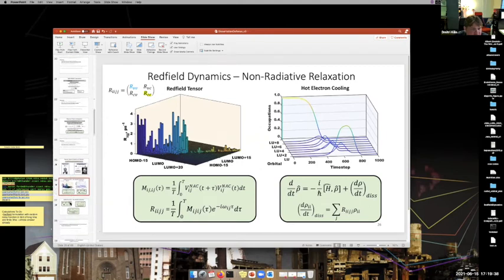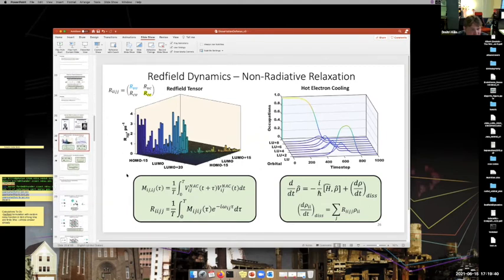Provocative question. Subscripts V and C are not defined, or maybe you define them later after I type the question. Why does the Redfield tensor in one notation have 4 indices, R with subscripts ij, kl, and in another equation it has 2 subscripts, R sub vc?